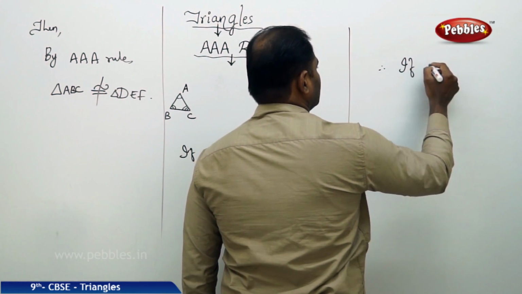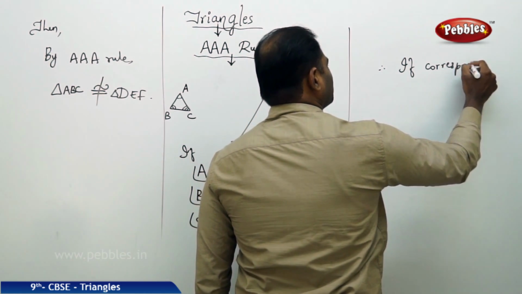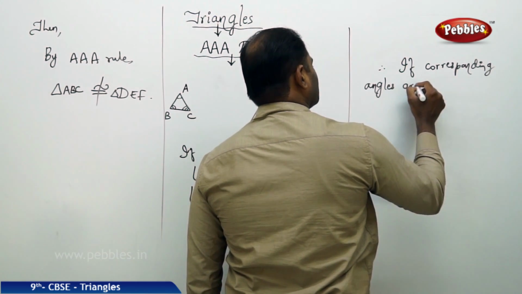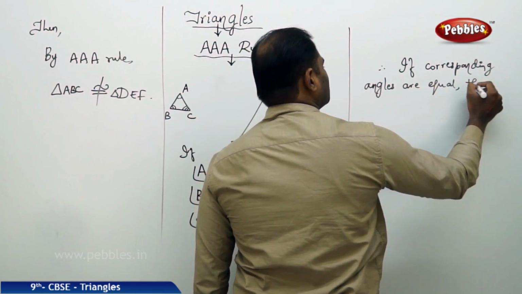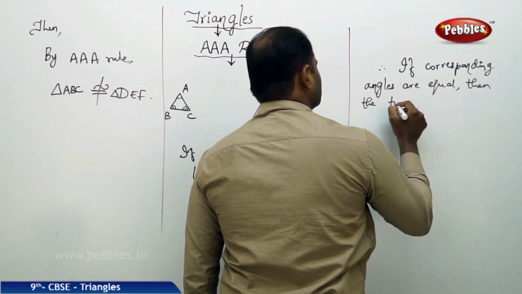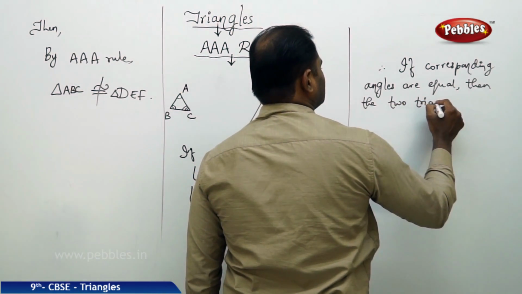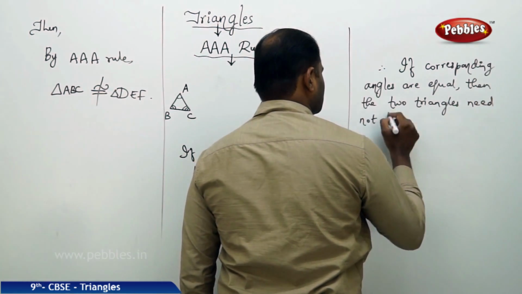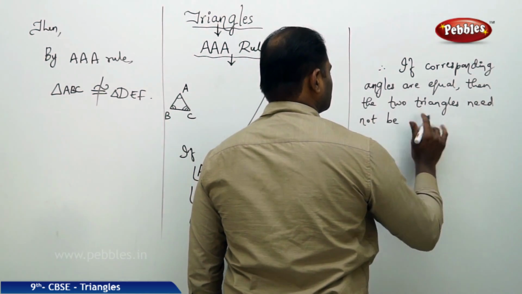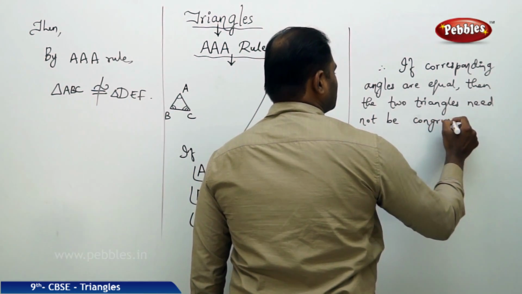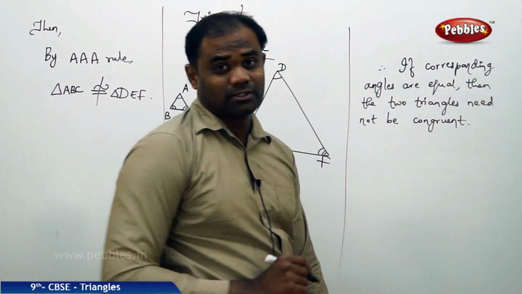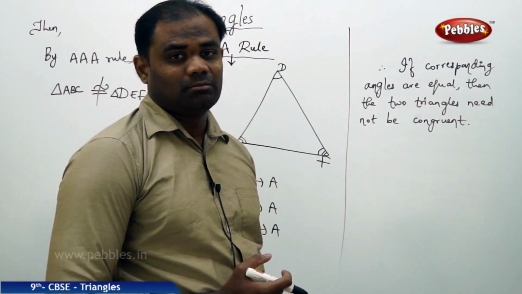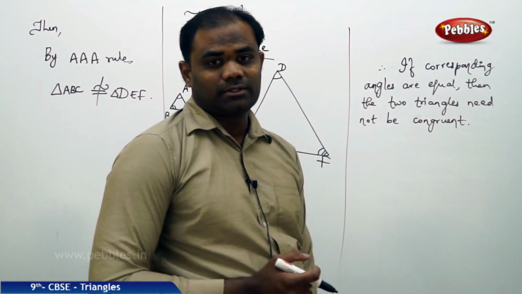Therefore, if corresponding angles are equal, then the two triangles need not be congruent. Not always. Only a few times the triangles are congruent depending on their respective lengths, but they are not always congruent.